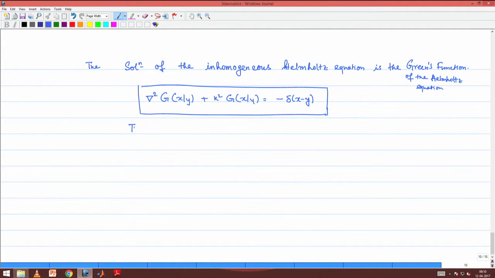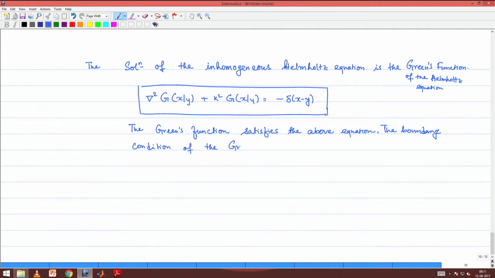So, the Green's function satisfies the above equation. The boundary condition of the Green's function is decided as per the domain of interest.